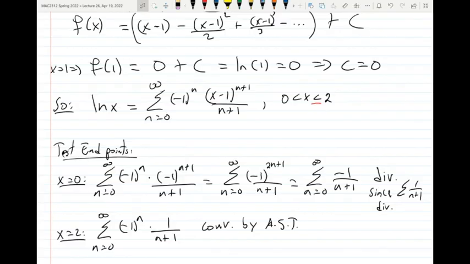Typically, what we talk about is the power series of ln of 1 plus x. Why? Because most of the time you are interested in ln of something bigger than 1.